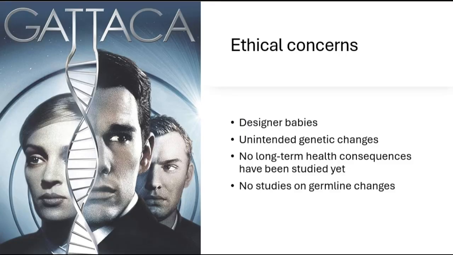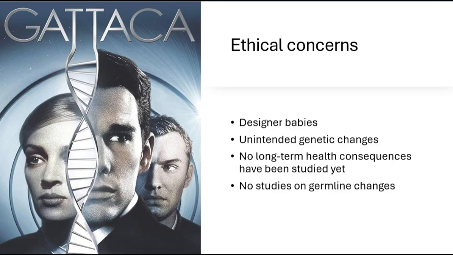So the con of ethical concerns for gene therapy is kind of showcased by the 1997 film Gattaca. This is set in a future where society is made of designer babies and quote-unquote invalids. These designer babies are genetically made to be perfect individuals and are seen as the best of the best, whereas the naturally born invalids are useless.